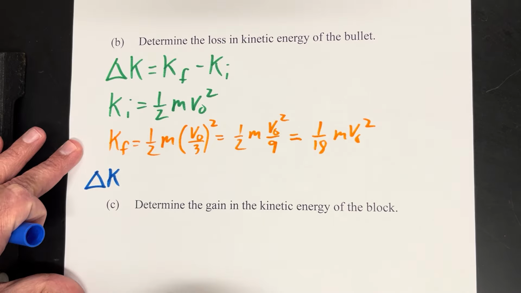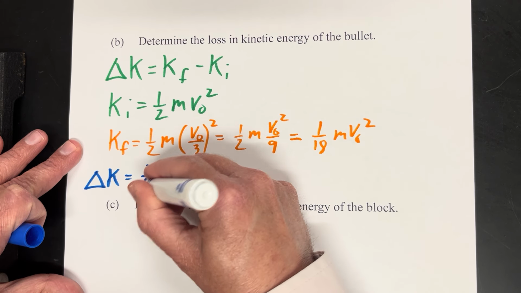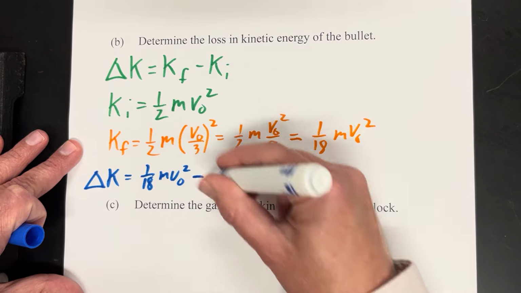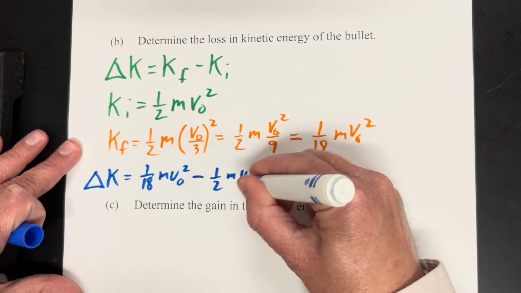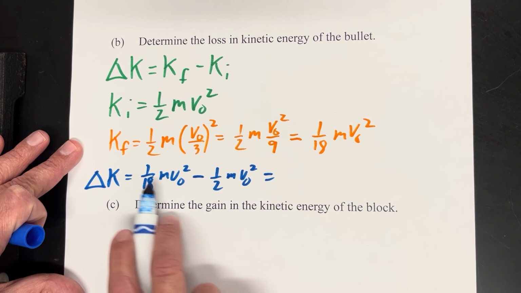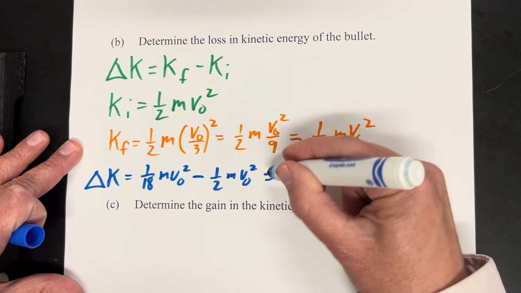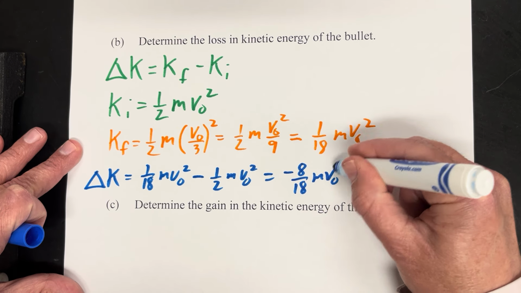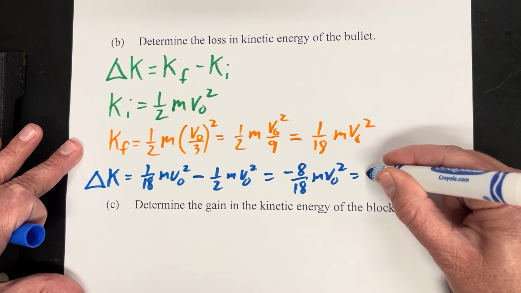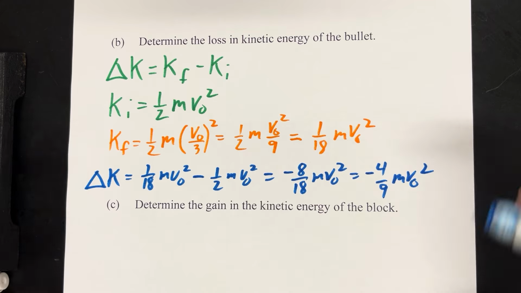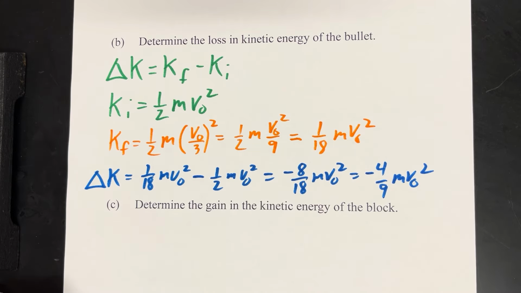So we have 1/18 m v0 squared minus 1/2 m v0 squared. Think of 1/2 as 9/18. So 1/18 minus 9/18 is negative 8/18 m v0 squared, which simplifies to negative 4/9 m v0 squared. That's how much energy was lost by the bullet.